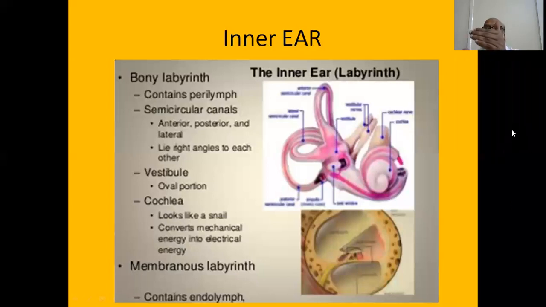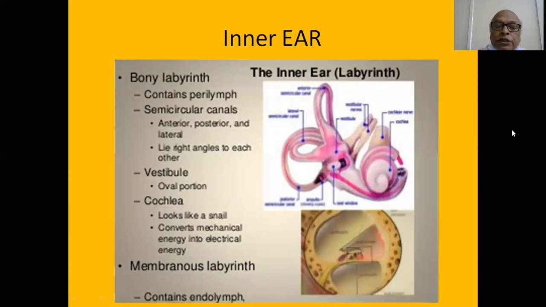See, on the right side, this is the arrangement. The three semicircular canals are the horizontal semicircular canal, the superior semicircular canal, and the posterior semicircular canal.